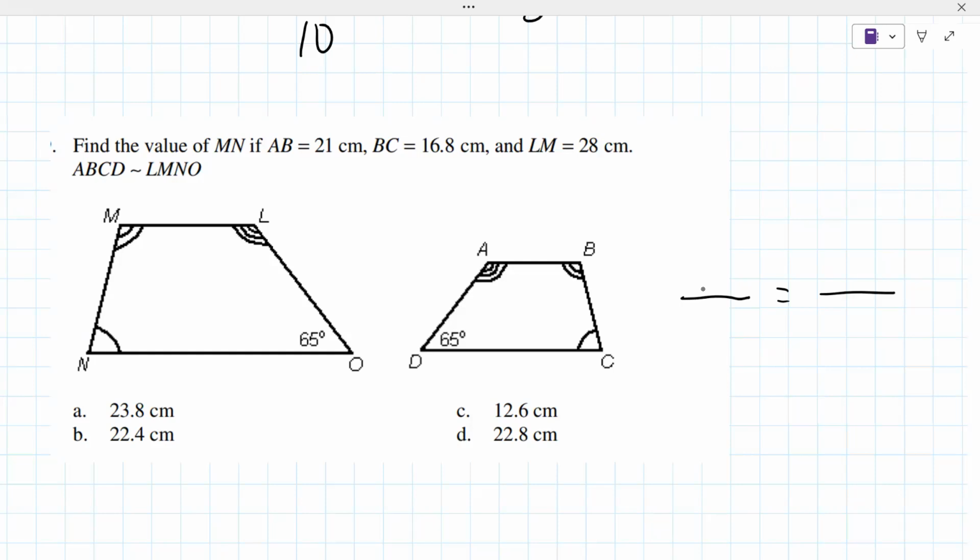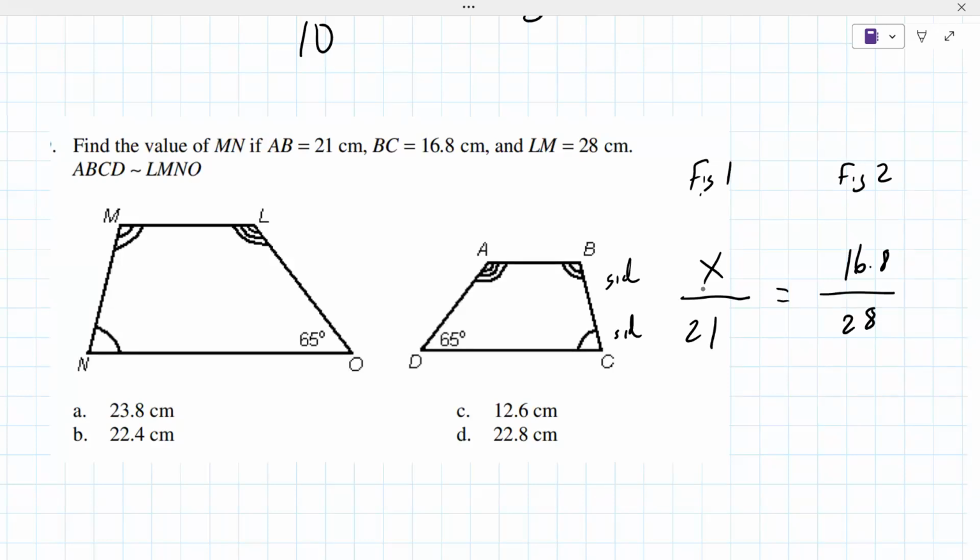You have to, yeah. Usually one side of the proportion is for figure one, figure two, and then you're matching a side with a side. Okay, so then my proportion is x/21 equals 16.8/28.